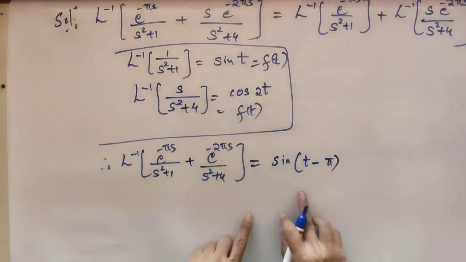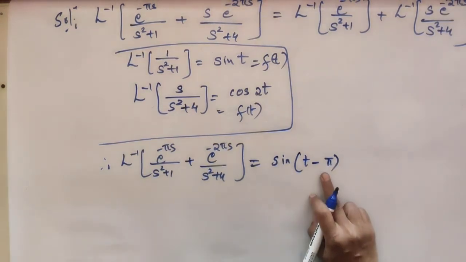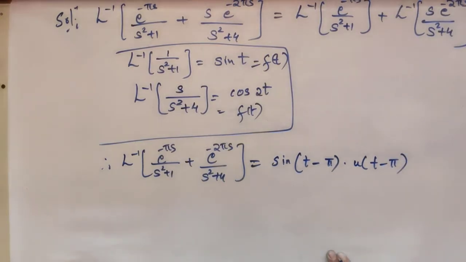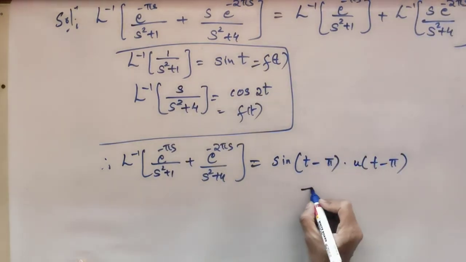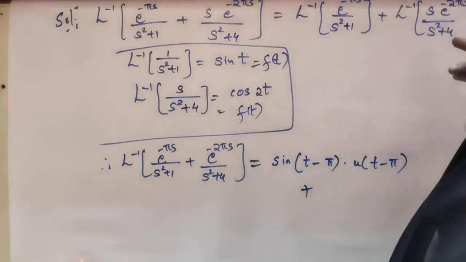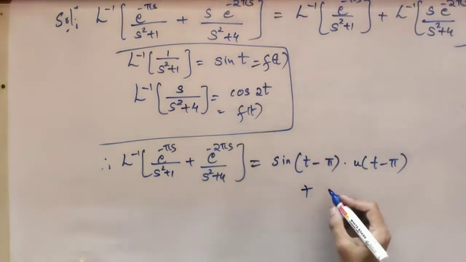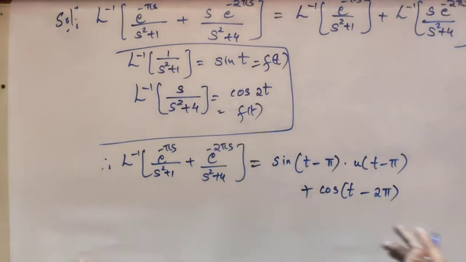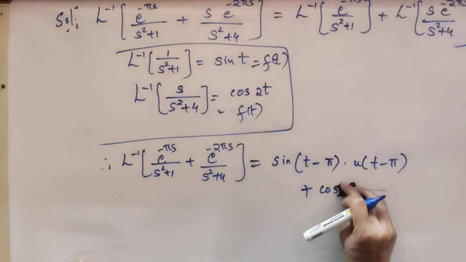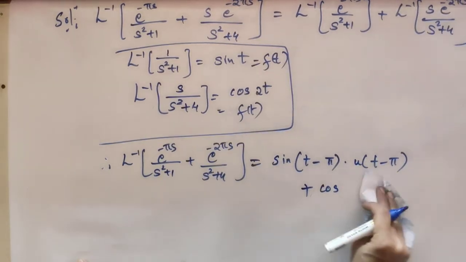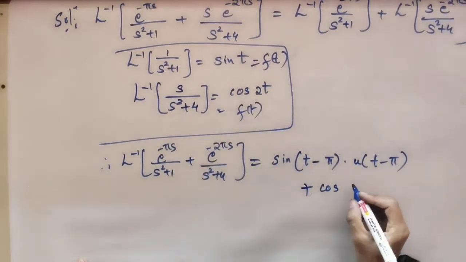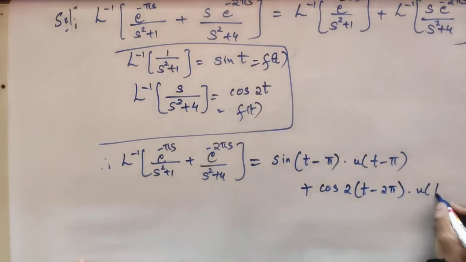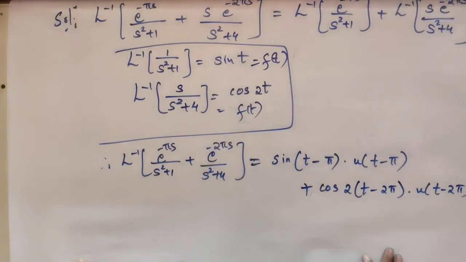I hope it is clear to you. Sine of t minus pi into u of t minus pi, because as per that property we are doing it, plus its inverse Laplace transform was cos 2t, so it will be cos of 2 times t minus 2 pi into u of t minus 2 pi.